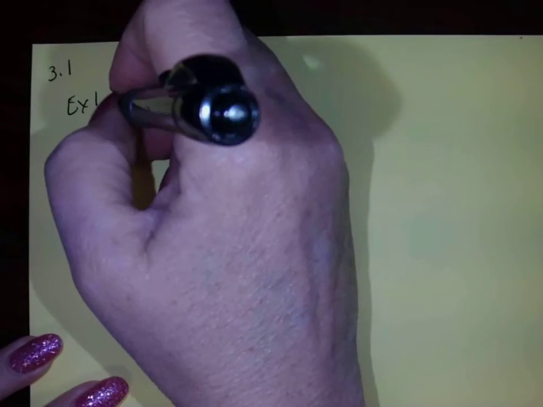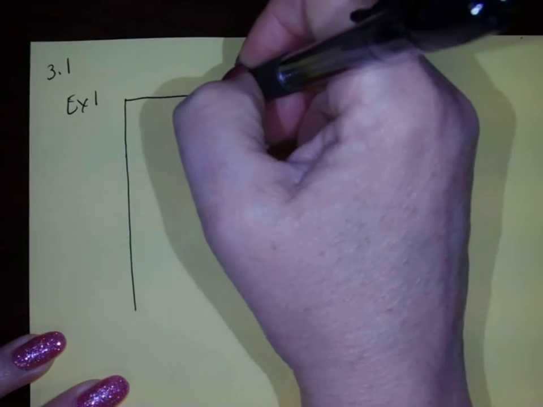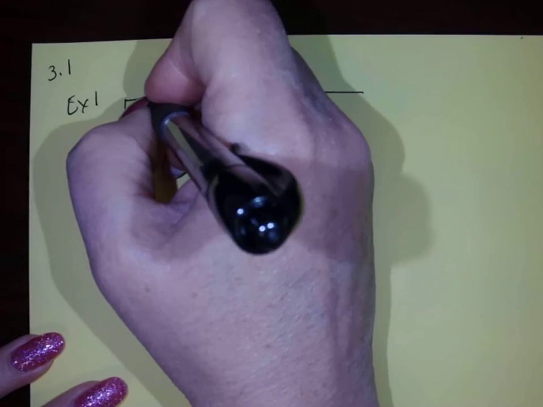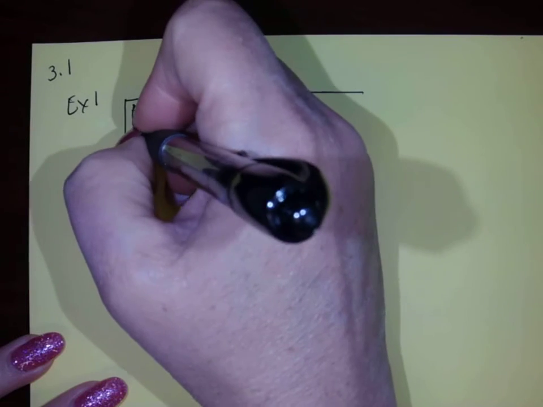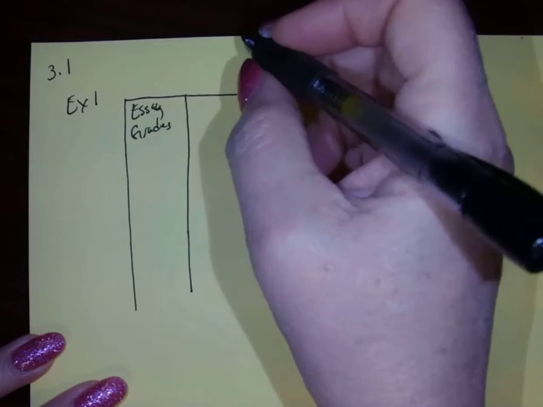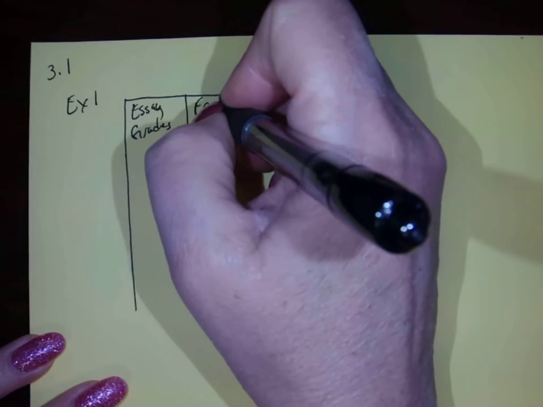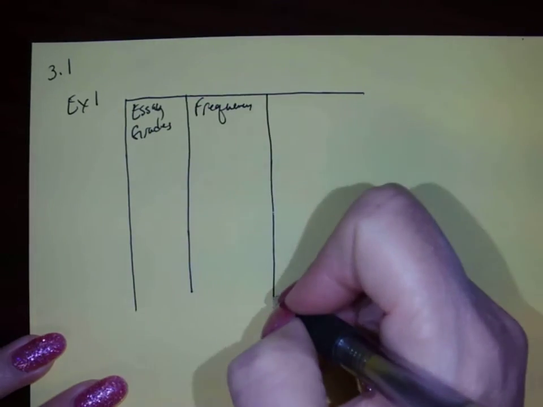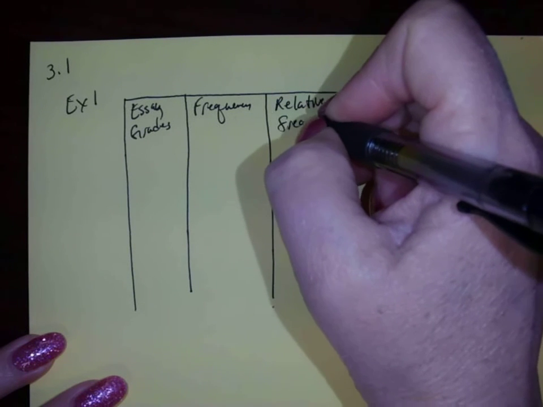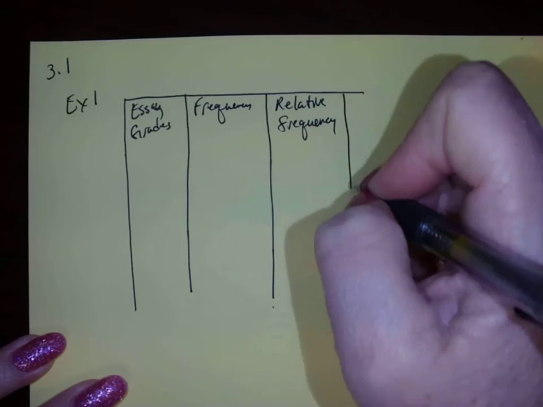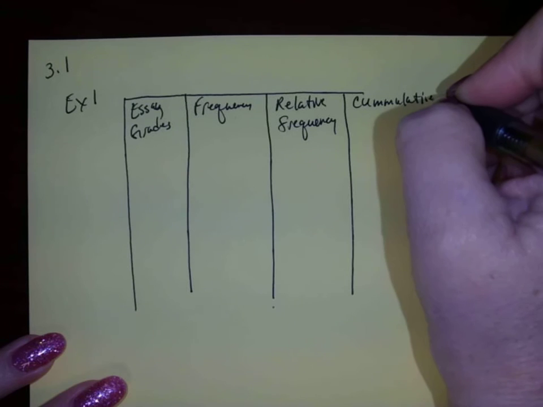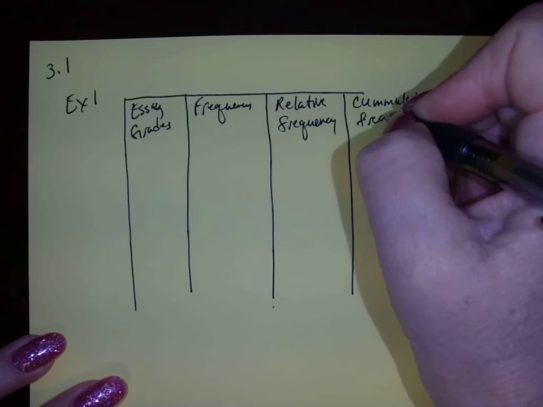So we're going to create a frequency chart or frequency table. First part is our category. We're going to have the essay grades. And then we're going to have our frequency. And then we'll have the relative frequency. And then we'll have the cumulative frequency.